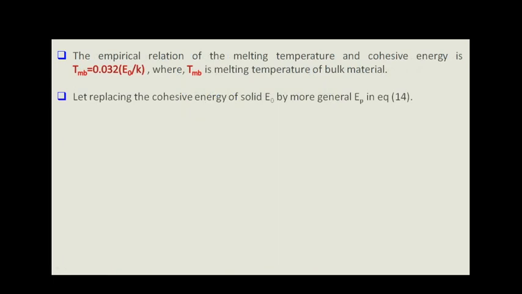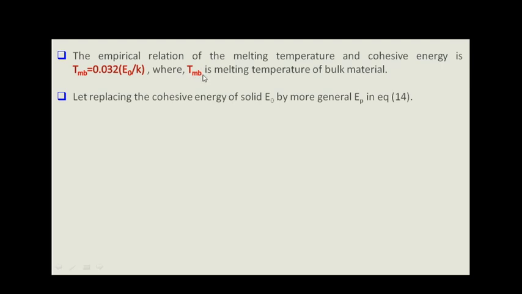Okay, now we also have the empirical relations. If you look at the first graph or the first slide, many empirical observations have been made, and an empirical relation has been developed: the melting point of a bulk is given by 0.32 times the cohesive energy divided by the Boltzmann constant, and this is TMB, the melting temperature of the bulk.